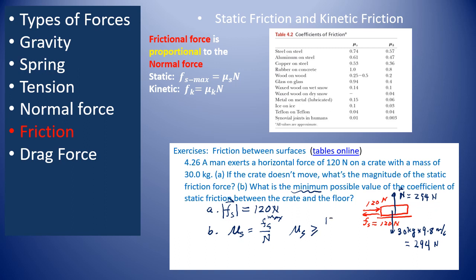Because we know 100 newtons is not moving. Otherwise, if it were less than that, it would have moved. So therefore, the normal force is 294. At least this much force. So that is the minimum value, 100 newtons over 294 newtons.